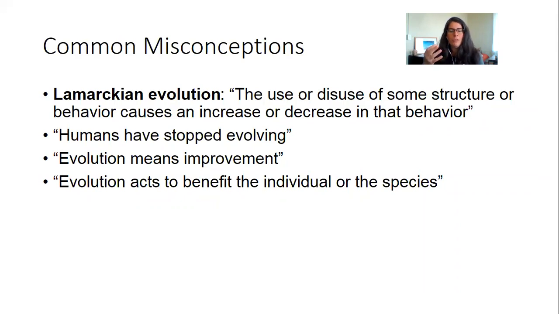And again, whatever is going to allow that piece of genetic material to propagate into the population is what is going to exist in generations to come. Again, that may be overall beneficial or overall harmful to the individual or the species, but evolution really happens at the level of the gene.